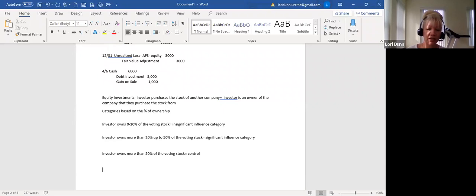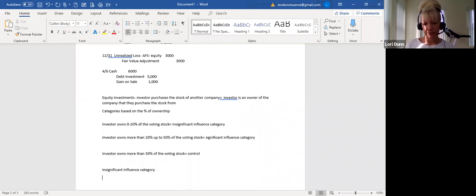So let's take a look at this first category, the insignificant influence category, and what kind of journal entries would commonly occur. Notice, we're not saying how long are we going to own the stock to determine the category. It doesn't matter. What matters is how much influence you have over the company's decision making.